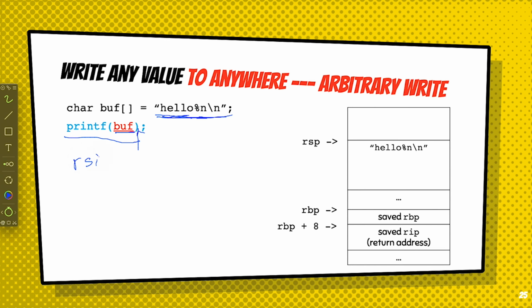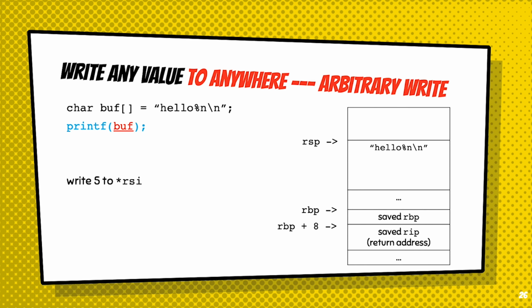So in this case, we'll actually write the number 5 to the place that RSI is pointing to. Make sure that you understand that it's not going to copy the 5 into register RSI, but instead it will write to the place that RSI points to.